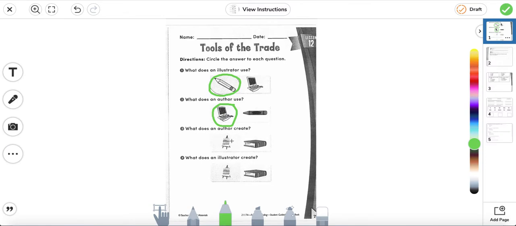Does an author create pictures or a story? Yes, an author writes a story. They create books. Number 4, what does an illustrator create? Pictures or books? Pictures, yes. The illustrator draws the pictures in a story. Okay, we're going to move on to the next page.